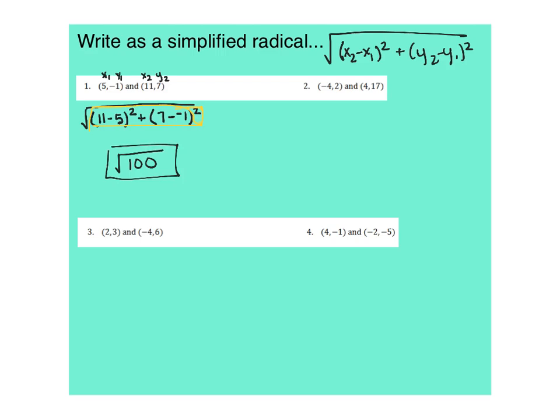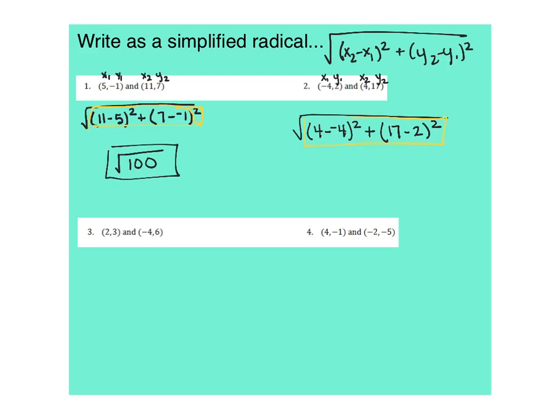So let's go ahead and look at number 2. Again, we're going to list what we know. We know the x1, y1, x2, y2. And we're going to plug it into that formula. So x2 I said was 4 minus x1 is a negative 4 plus y2 is a 17 minus y1 is 2. So now we're going to plug in everything underneath.